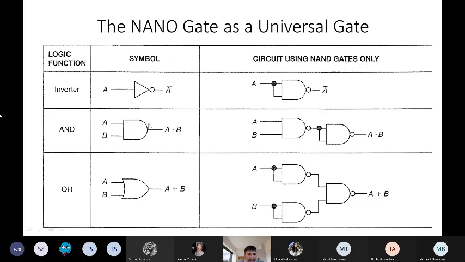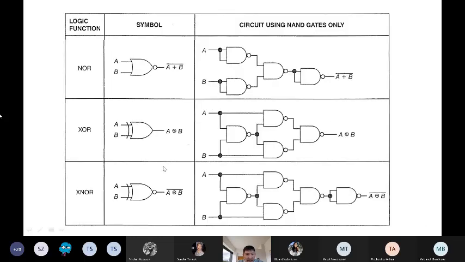Here you can see AND and its symbol, but you can wire NAND gates in this way, and these 2 NAND gates will function as the AND gate. Here is an OR gate. It's more complicated than the previous ones, but by combining 3 NAND gates this way, you can get an OR gate. And here are NOR, XOR, XNOR.